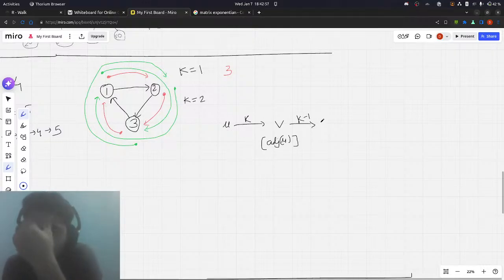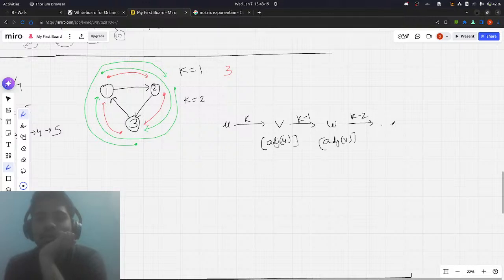Then when we go to, let's say, x or w, from there we go for a k minus 2 path length.